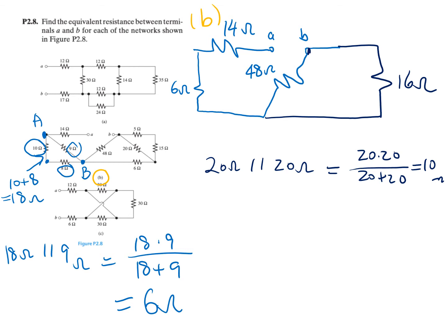Now look at this part. You have the 40 ohm and the 20 ohm connected in series, so they can combine to form a 60 ohm resistor. Let's redraw here. This now becomes a 60 ohm resistor.